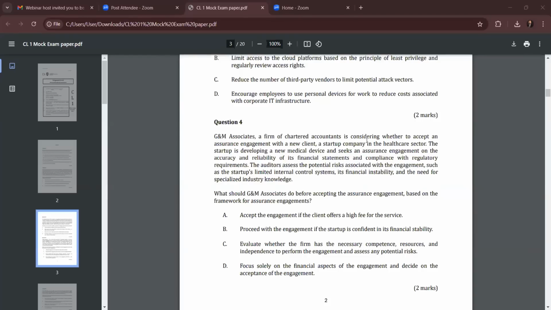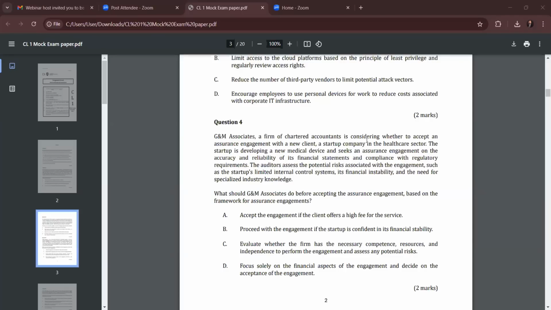The auditors assess the potential risk associated with the engagement, such as the startup's limited internal control system, its financial instability, and the need for specialized industry knowledge. So auditors have identified a high level of risk in the startup. A startup will not have an initial large volume of revenue. Risky business, because startups can be closed down anytime. These kinds of risks are there.